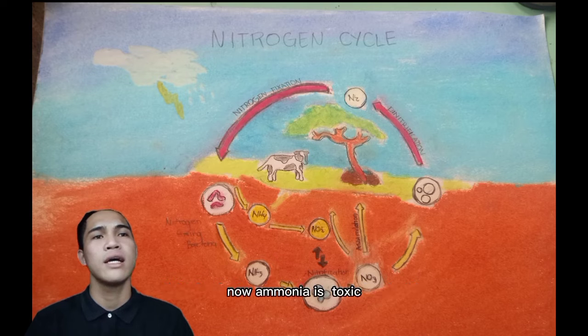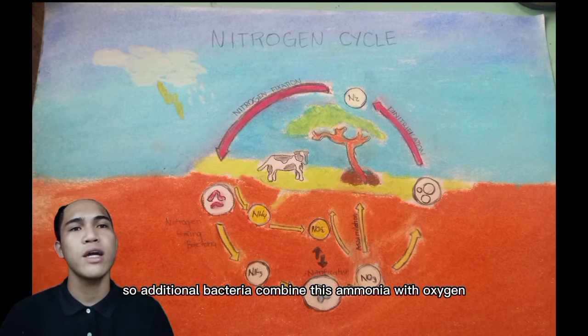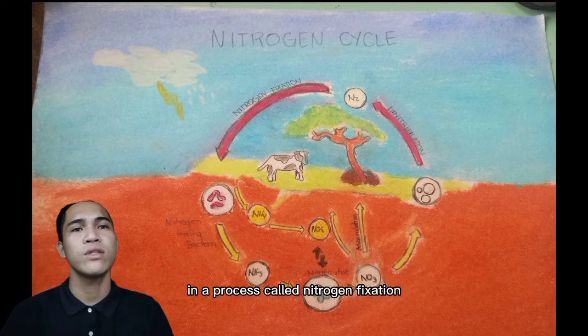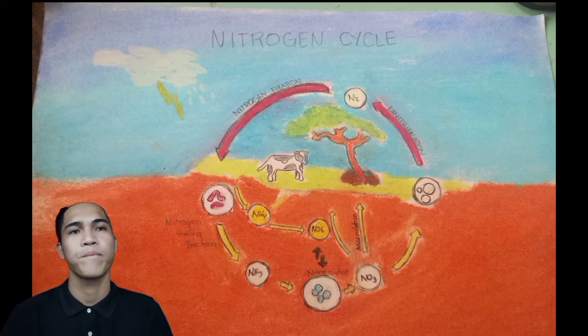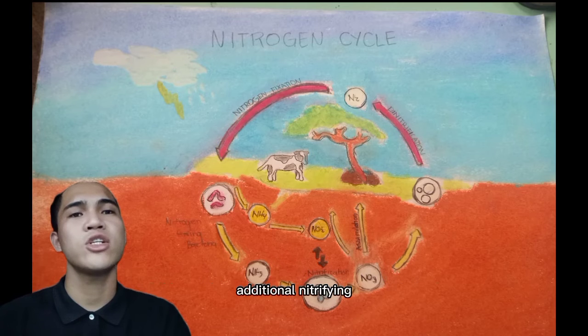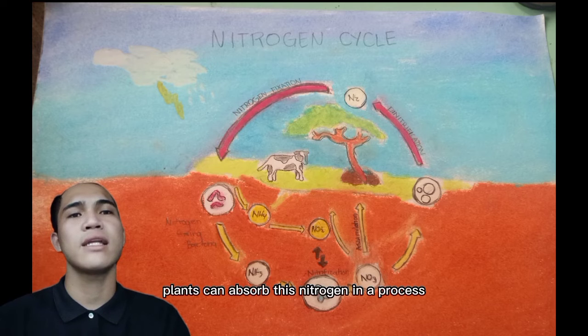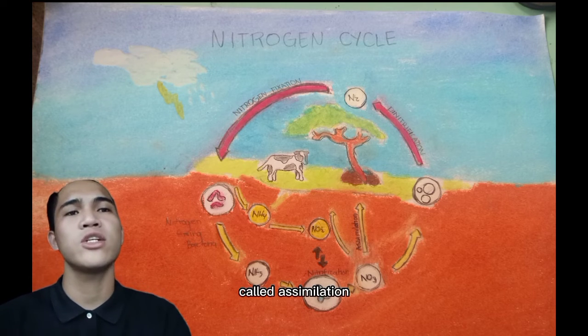Now, ammonia is toxic, so additional bacteria combine this ammonia with oxygen in a process called nitrification. At this point, the nitrogen is in a form called nitrite. Additional nitrifying bacteria convert this nitrite to nitrate. At this point, plants can absorb this nitrogen in a process called assimilation.